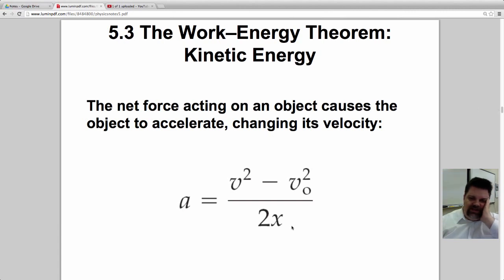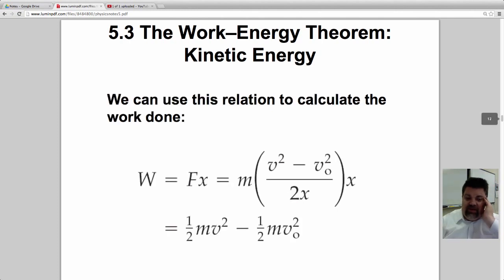Well, the net force acting on an object causes the object to accelerate because force is equal to mass times the acceleration. Well, acceleration, if you remember from kinematics, is the final velocity squared minus the initial velocity squared, all over 2 times that displacement.